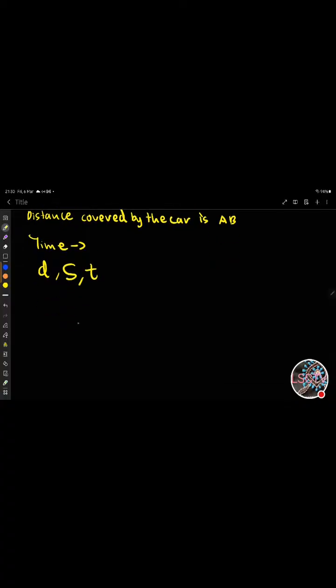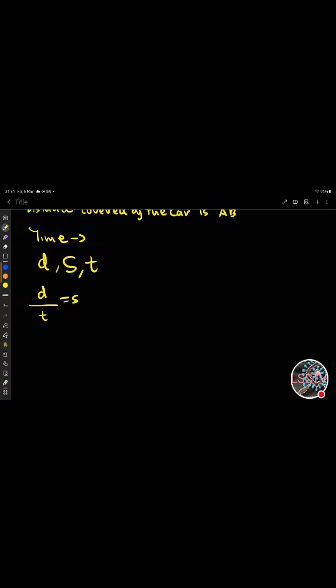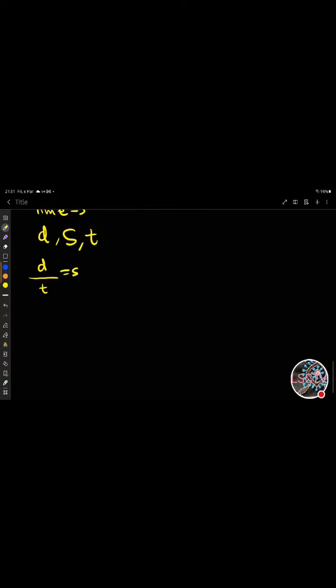So D by T is equal to S, right? Distance by time is equal to speed.